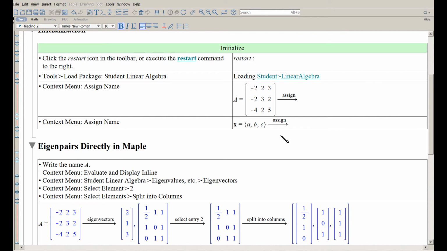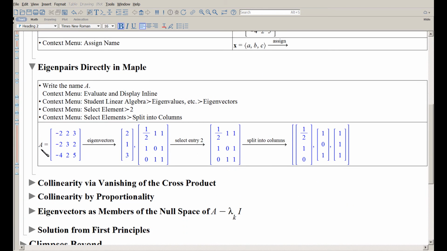What are the eigenpairs? So you type the name A, you do a control equal, it echoes the contents, you right click, and choose eigenvectors. Here is a vector of eigenvalues. The columns of this matrix are the corresponding eigenvectors.